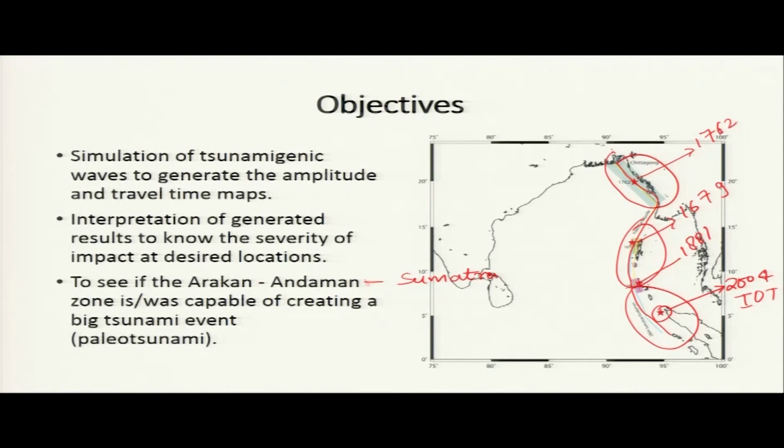This 1762 tsunami was underestimated, and later it was studied by Cummins, which we will discuss in the following slide. So, as you can see, a series of tsunami events has occurred, and how prone our east coast of India is to these events.